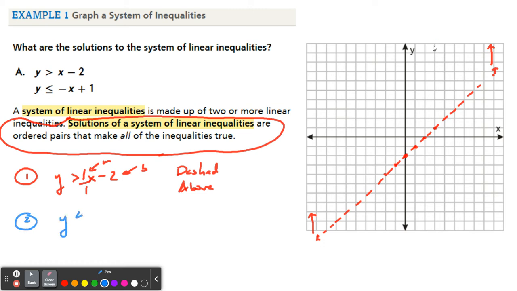All right. So now I'll change colors and do the second line. So this inequality is y is less than or equal to -x plus 1. So again, we have our b value here of plus 1. Our slope is a -1. Make it a fraction, -1 over 1. There's your slope. So we're going to go up 1, and then we're going to graph down 1, right 1. I'll go up 1, left 1.